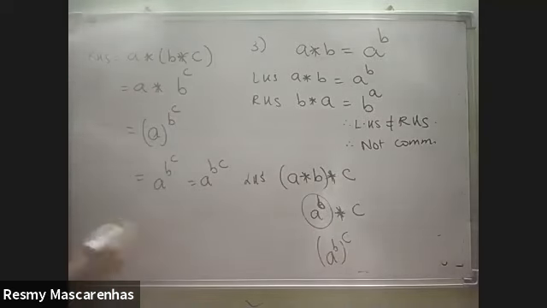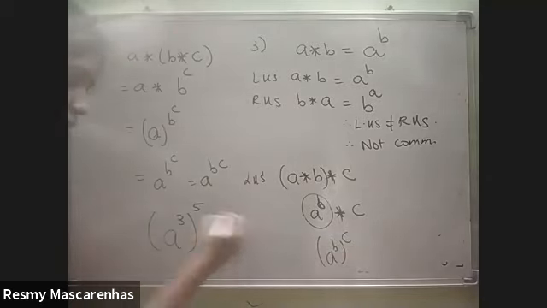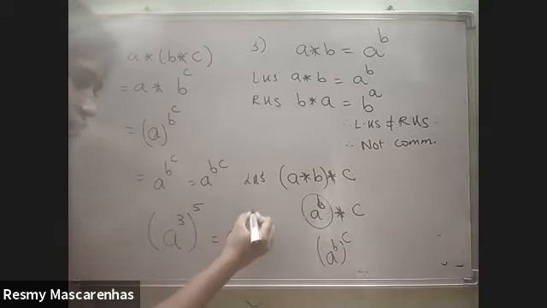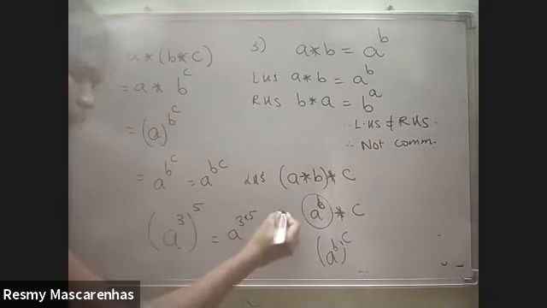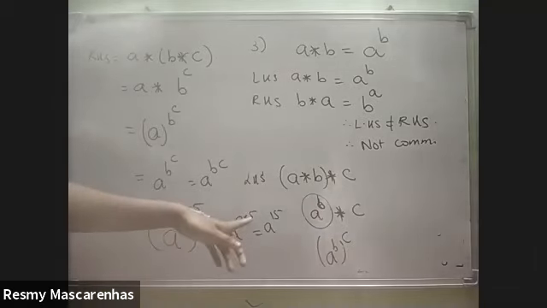Whenever you are solving any problem, suppose you have A raised to 3 raised to 5. What you'll normally do is 3 into 5, which is equal to A raised to 15. So anytime any power raised to power is there, it will always get multiplied.